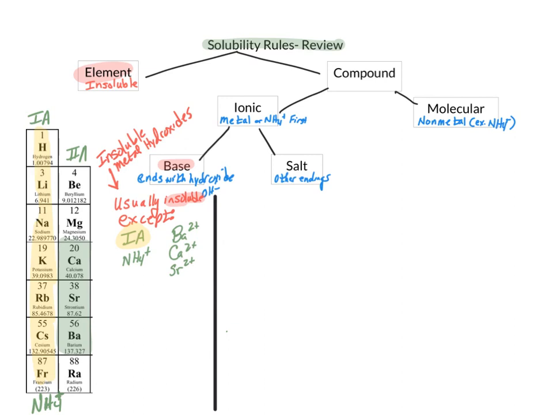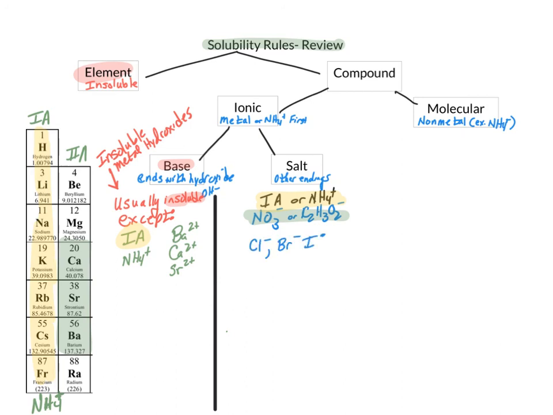For the salts, we see that we have a lot of different choices and we need to know those rules. So I want you to have those rules remembered. We're going to start with if it has group 1A or ammonium, it's always soluble. If it has nitrate or acetate, it's always soluble. If it has a halide, so specifically chloride, bromide, and iodide, it does not include fluoride.